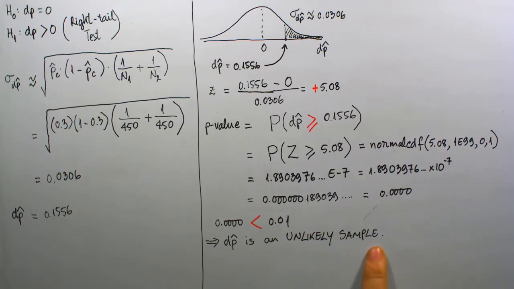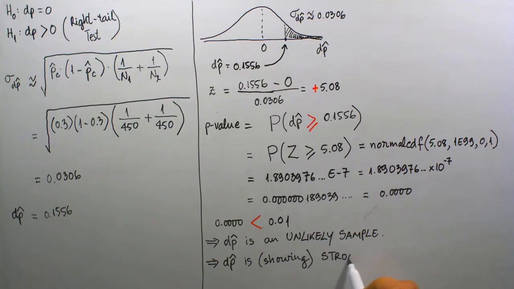And being an unlikely sample leads us to a further conclusion that our sample, as a d p-hat, is showing strong evidence, or itself is strong evidence.